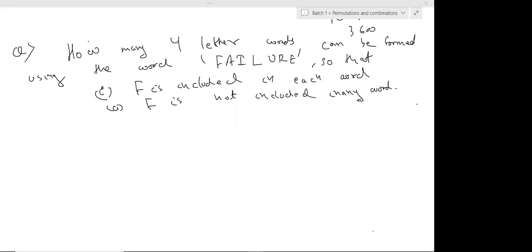Solve this question. Gautam, Shavya, Ashma, Salan. No one has solved this.